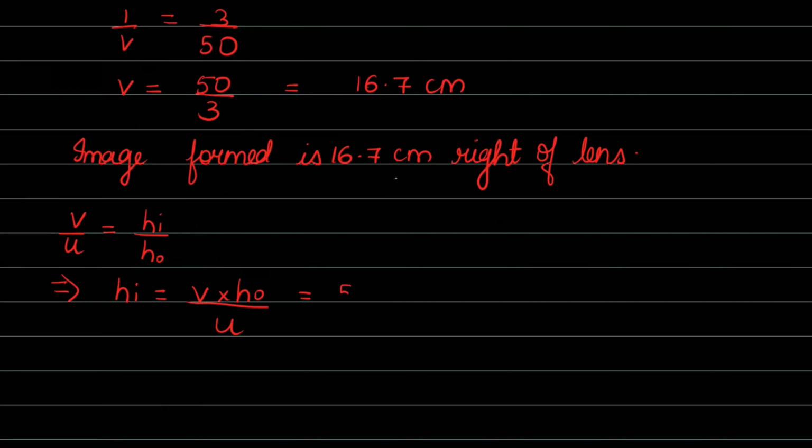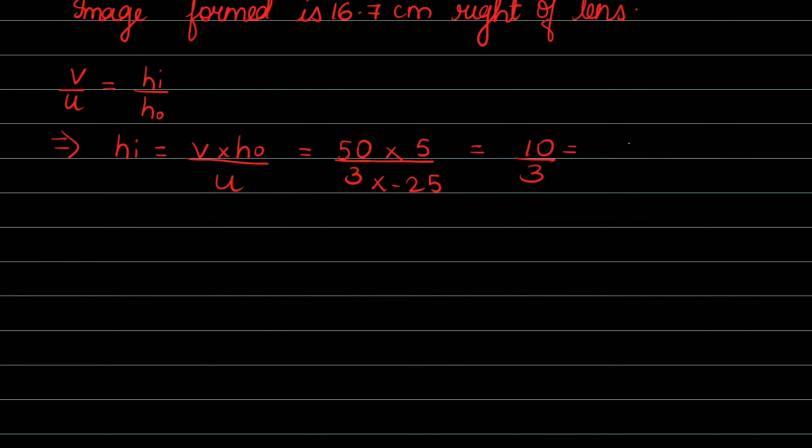We will substitute the value for V as 50 divided by 3 into H naught. The value for H naught is 5 centimeter, and the value for U is minus 25 centimeter. We get the value as minus 3.3 centimeter.